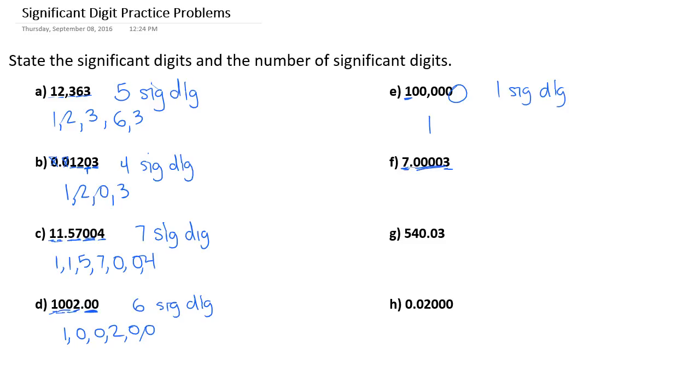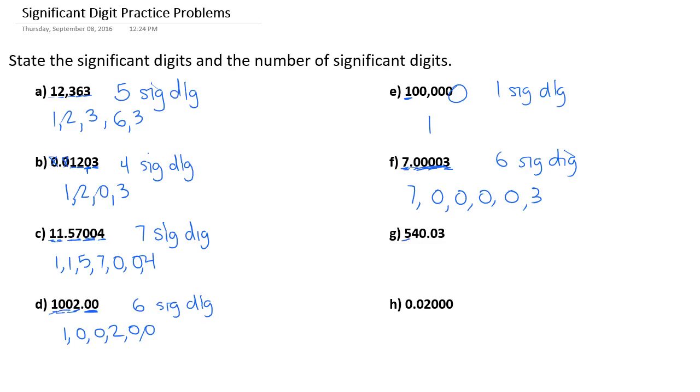So we have 1, 2, 3, 4, 5, 6 significant digits. They are 7, 0, 0, 0, 0, 3. Again, stating all of them is important.